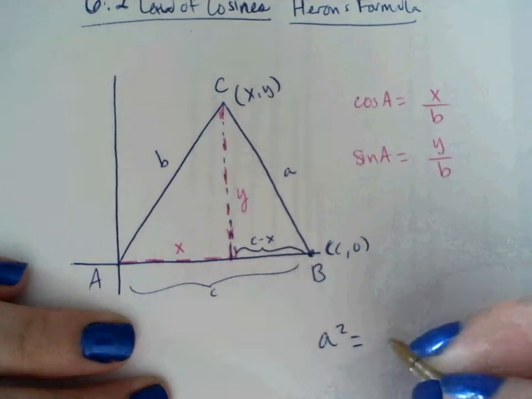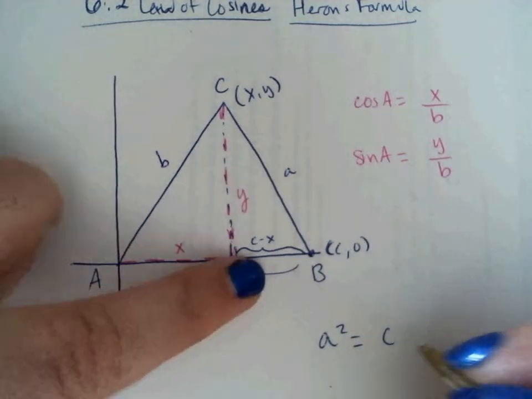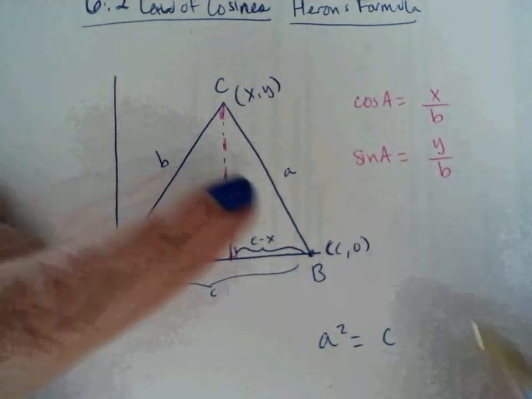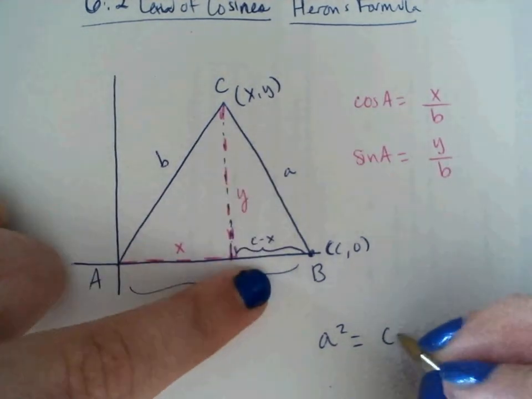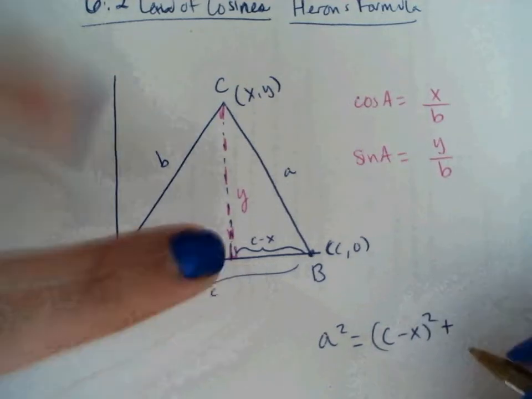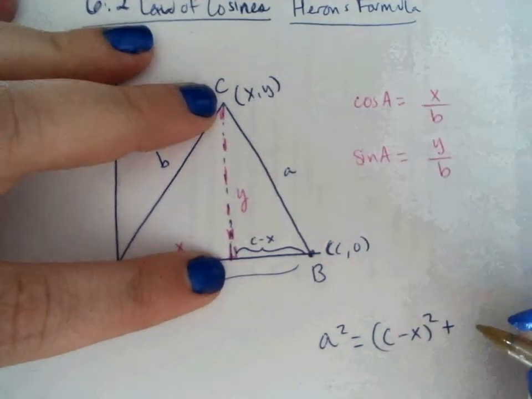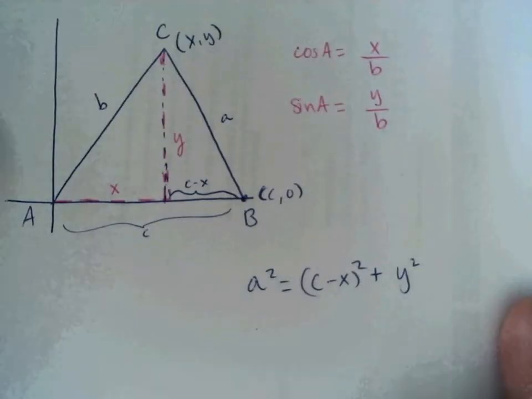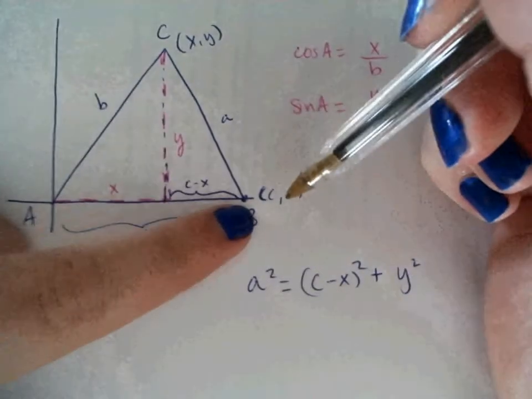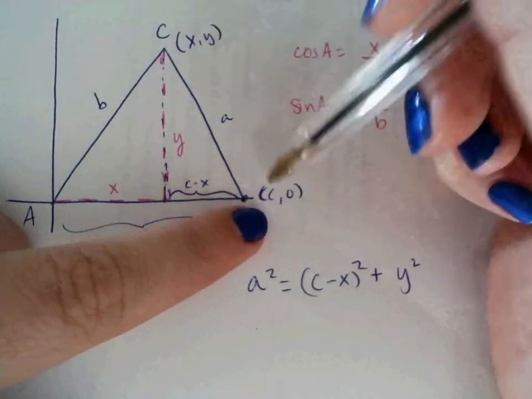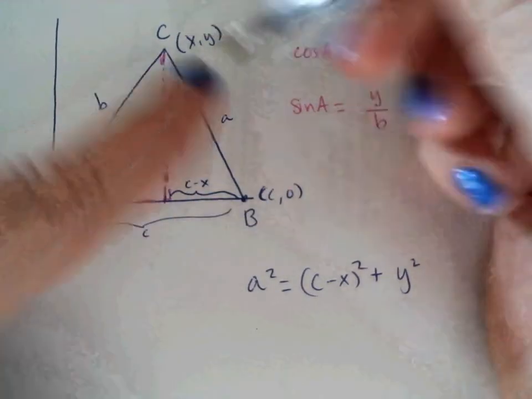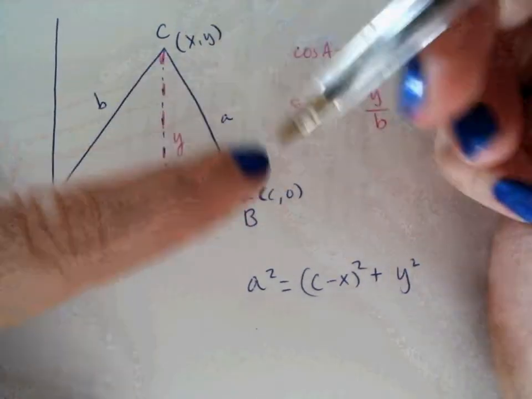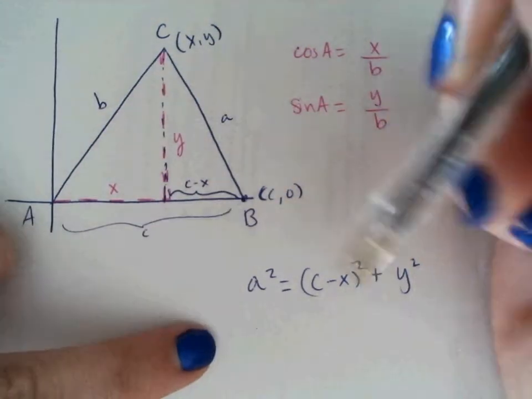So the hypotenuse squared equals leg squared plus leg squared. I'm not going to use a, b, and c because that's confusing. And this leg is just length y. If we had done the distance formula, then we would have said a equals the square root of x minus x quantity squared plus y minus y quantity squared, and that would have been the same thing we got right here.